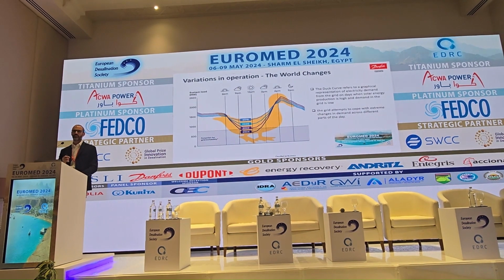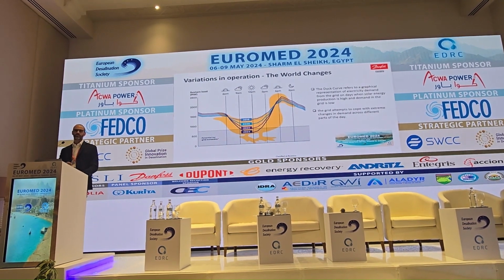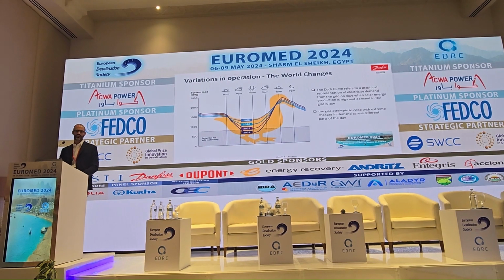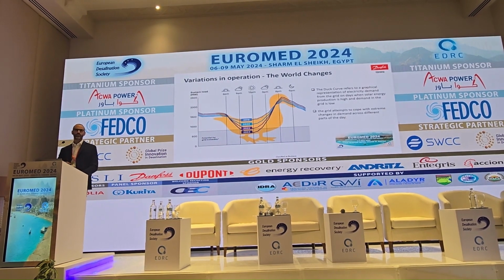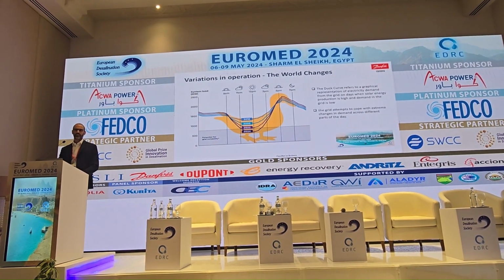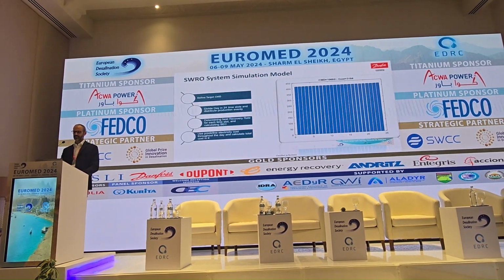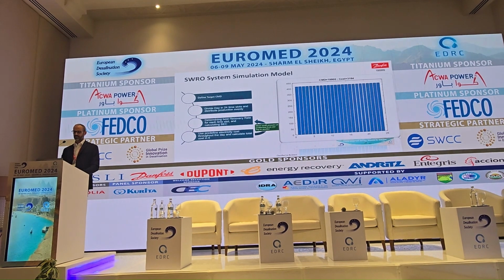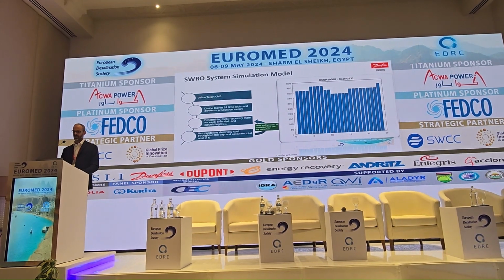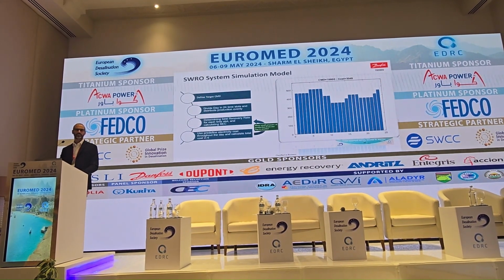So we are not able to use all this energy from the grid, and we should start producing more water to stabilize the grid. This is just an example of how the water demand on a site looks.